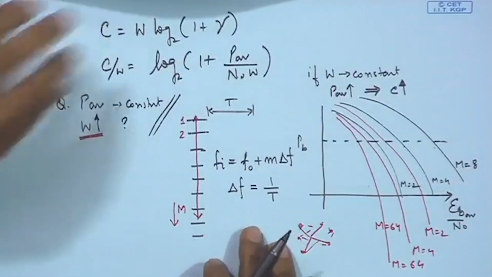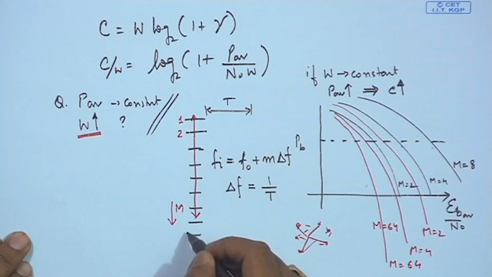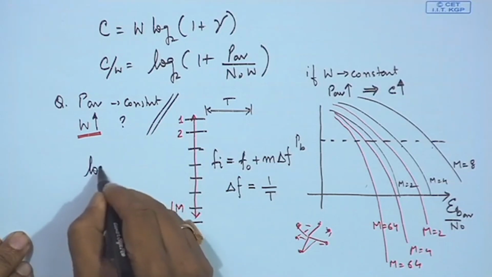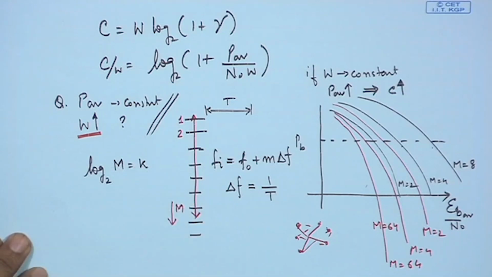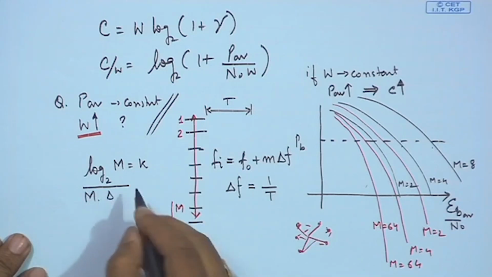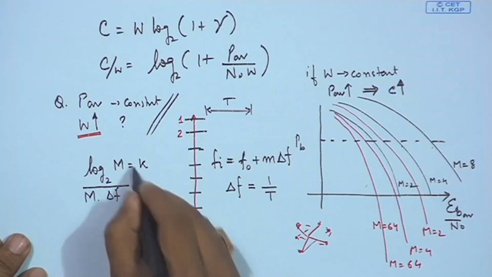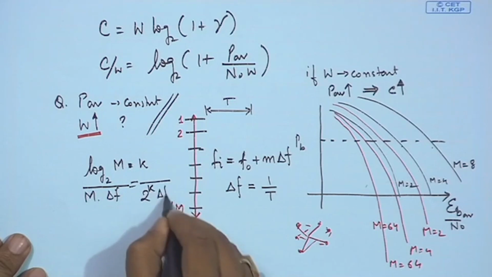So, trying to correlate that with what we have studied before, as we increase M and it tends to infinity, the number of bits that is being sent is log base 2 of M, which is k, and we divide it by the bandwidth, that is M times delta f. So, on the right hand side we will be having k over 2 to the power of k delta f.